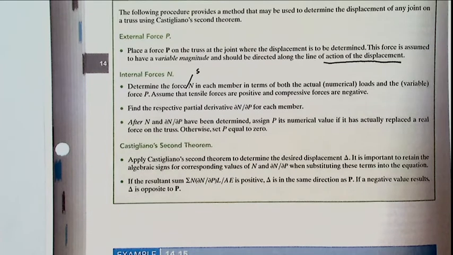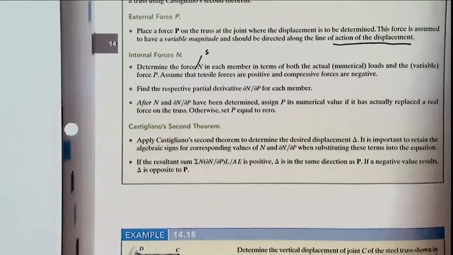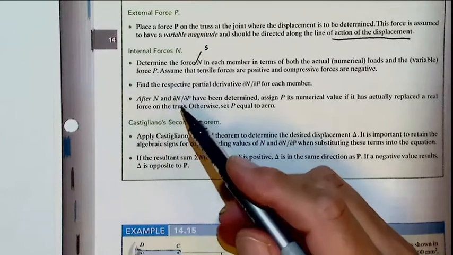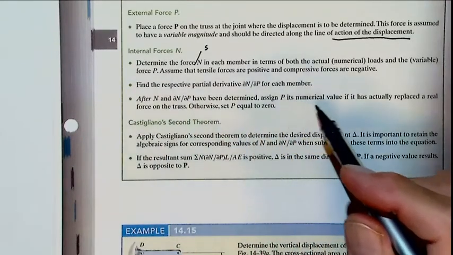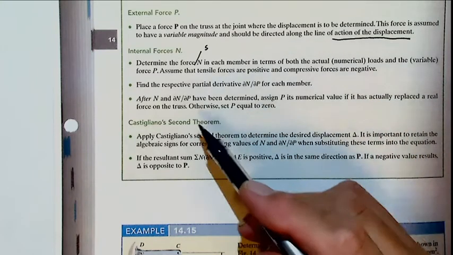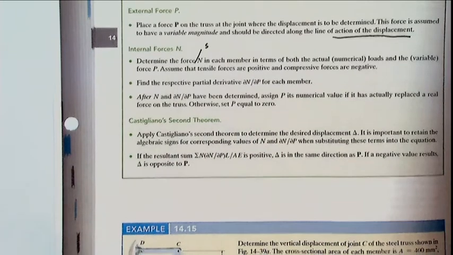Find the respective partial derivative, dN/dP, for each member. After N and dN/dP have been determined, assign P its numerical value if it has actually replaced the real force in the truss. Otherwise, set P equal to 0.